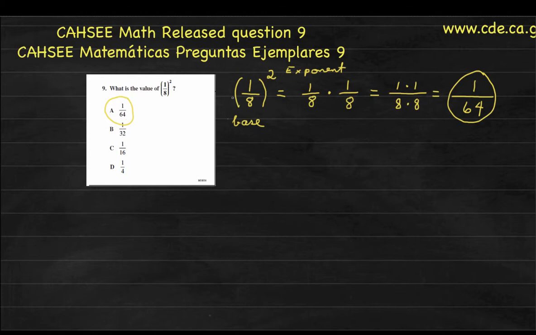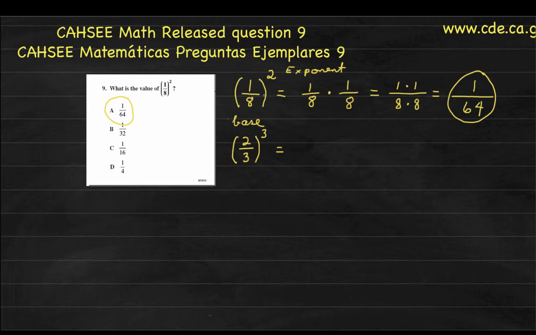Now, what would I have done if this had been raised to the third power? Then I would have repeated 1/8 3 times. Let's look at this example. Suppose I have 2/3 and they want me to raise it to the third power. Then I would write 2/3 3 times, not 2 times, but 3 times.